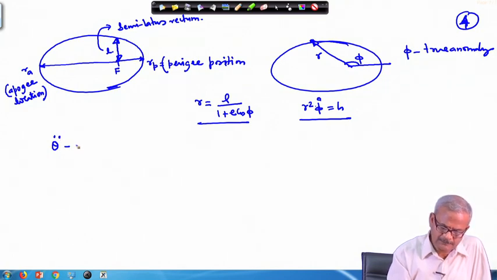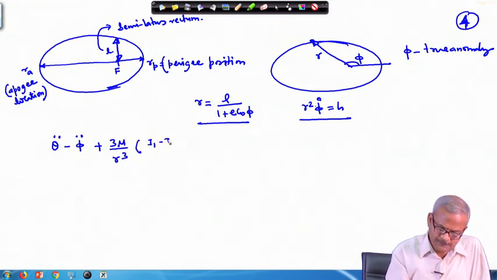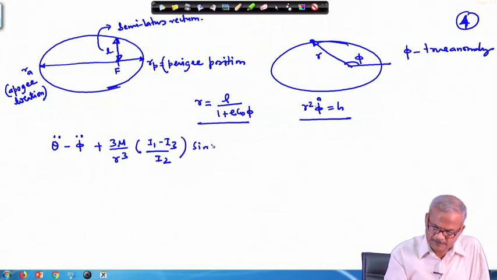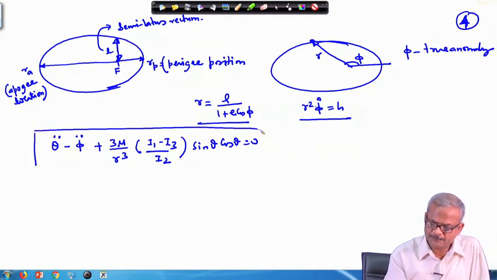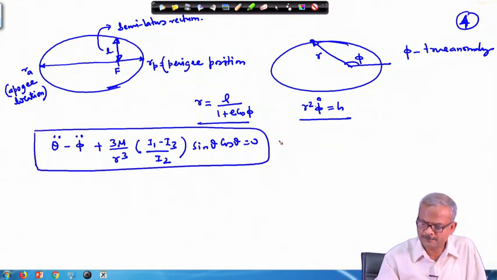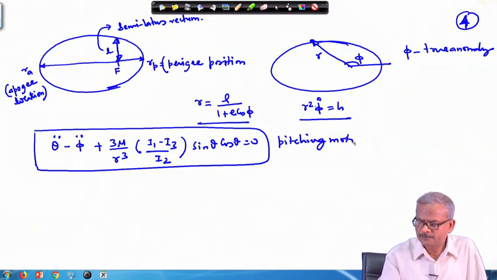So, theta double dot minus phi double dot and then plus 3 mu by r cube times (I1 minus I3) divided by I2 times sin theta times cos theta. This is the equation we have got for the pitching motion equation.